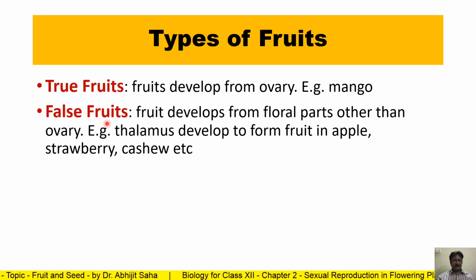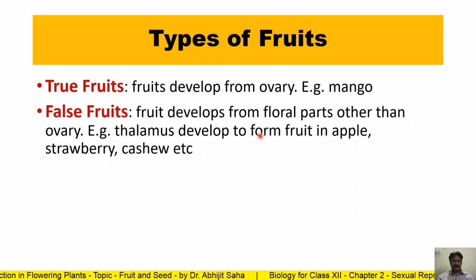Another important term is false fruit. Now can you imagine that these very costly fruits like apple, strawberry, cashew, these are false fruits? Why do we call them false fruit? If we consider the definition of true fruits, we say that these fruits develop from the ovary. So any structure which develops from the ovary will be called a true fruit.